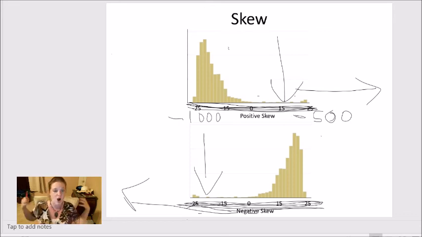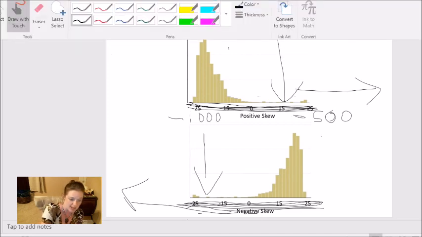Start with something roughly normal, and then add extreme scores only to one side, where you're essentially making one tail a whole lot longer than the other. With positive skew, it is the positive direction of the number line that has the longer tail.